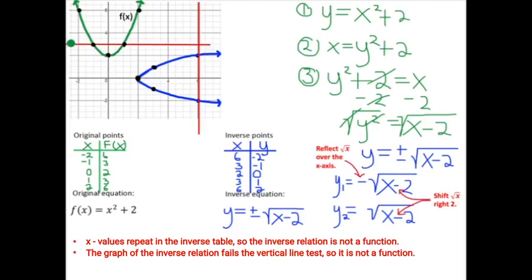A function that is not one-to-one is not invertible. In other words, every y value does not have a unique x value, like we have here with 6, right? The y value of 6 has two different x values.